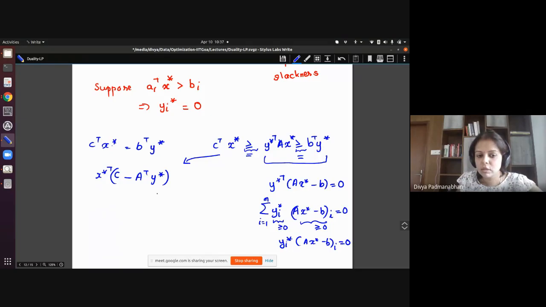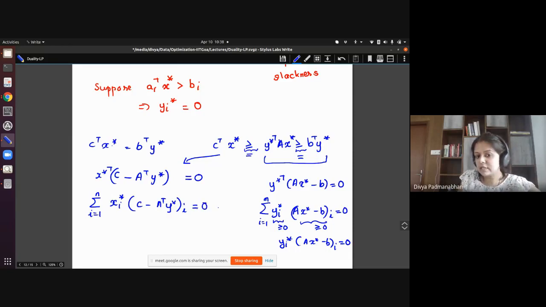This is also equal to 0 because finally C transpose X star is equal to Y star transpose A X star. By the same way, here i goes from 1 to n, so this is for each of the variables in the primal space. What you have is xi star times the ith term of C minus A transpose y star, which is the ith constraint of the dual, and this is equal to 0.